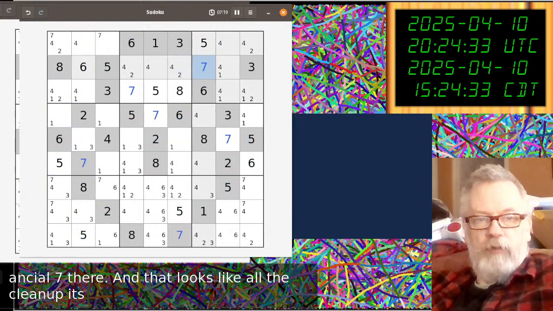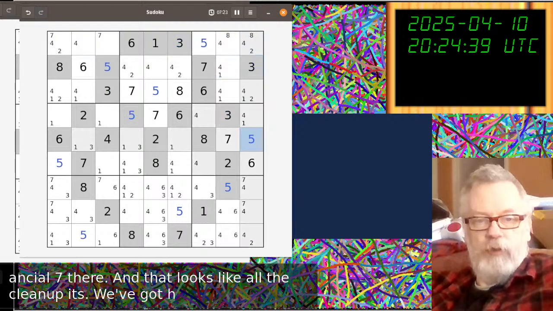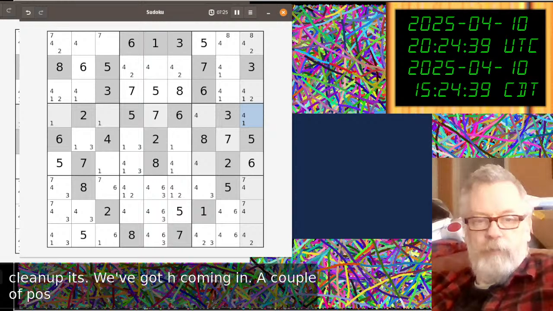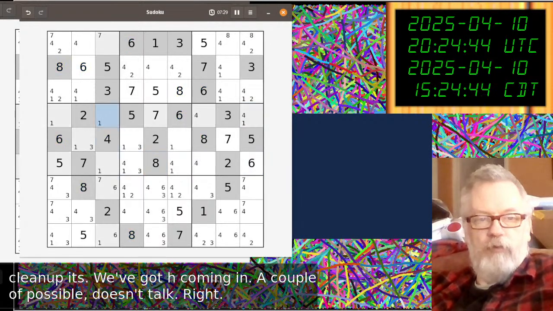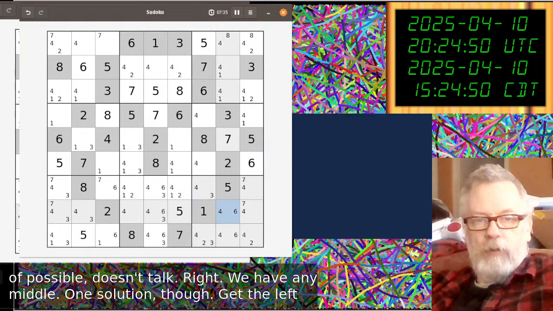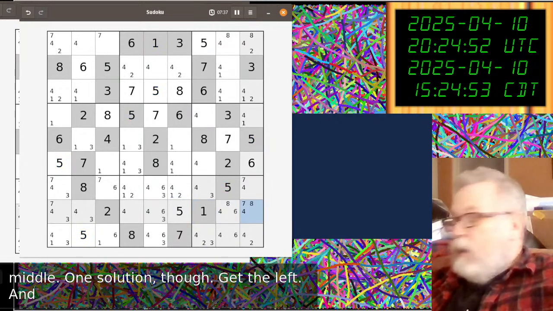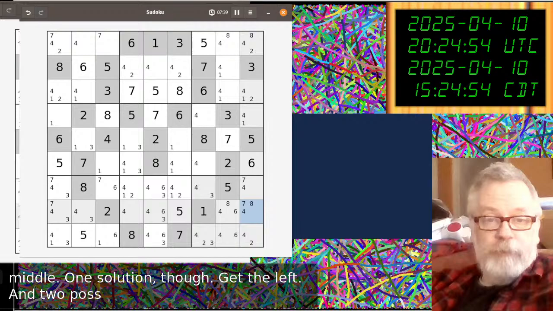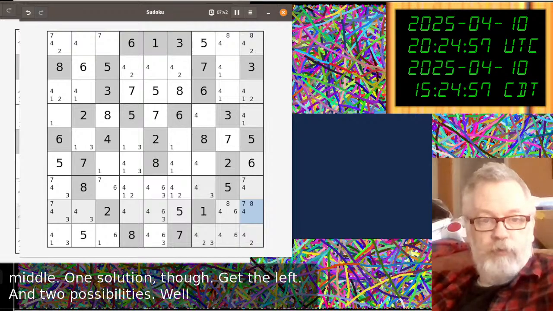We've got 8s coming in, a couple of possibilities in the top right. Given in the middle, one solution in the middle left, and 2 possibilities in the bottom right. And that leaves us with 9s to place, earmark anyway.